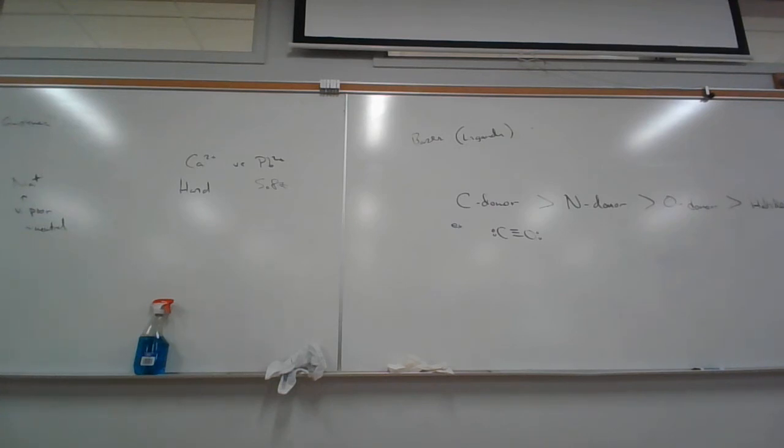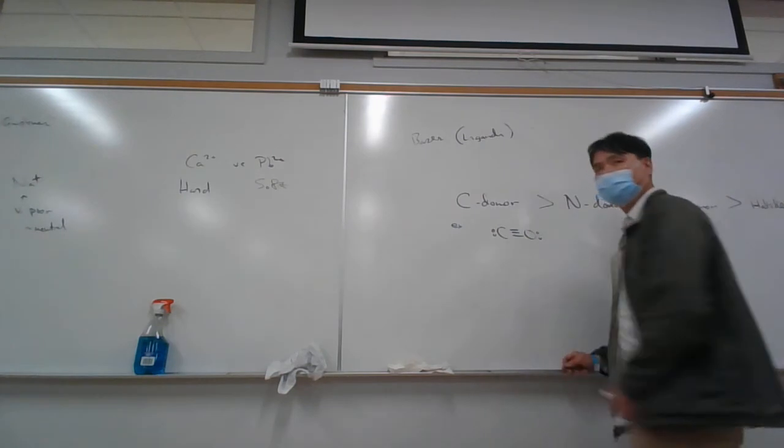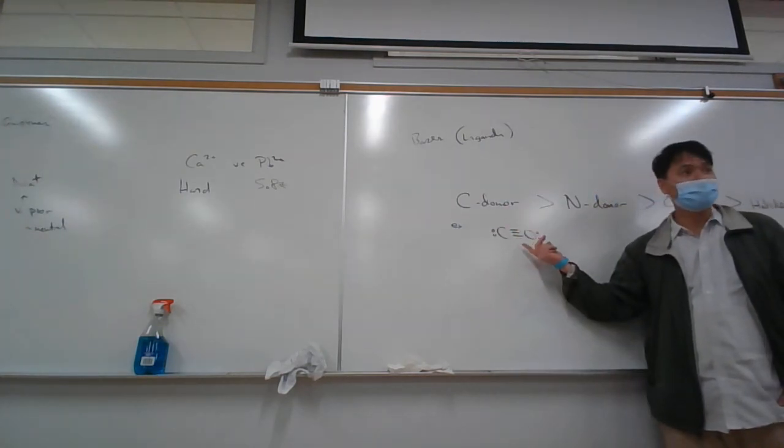Which one looks better? Normally you'd say oxygen. Oxygen is more electronegative, right? And so this shouldn't be a carbon donor. This should be an oxygen donor. It should be better.